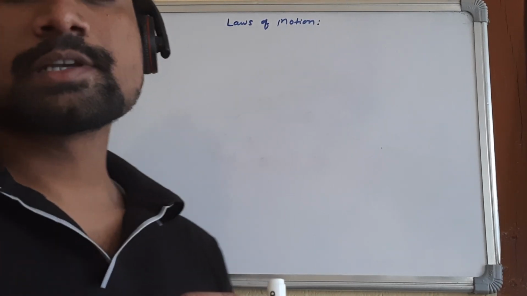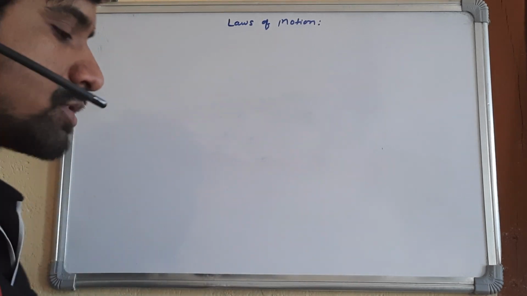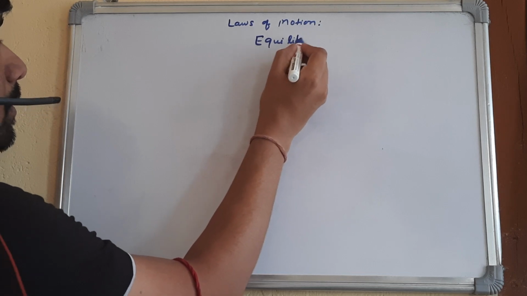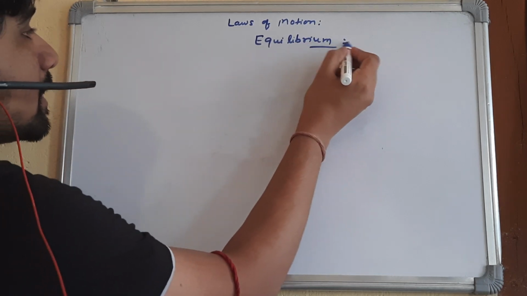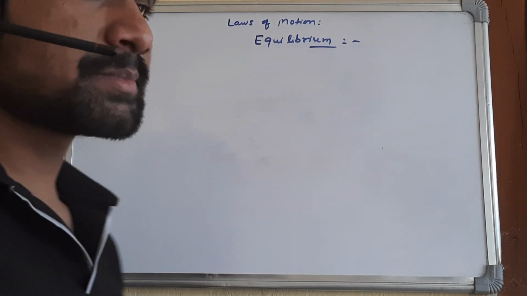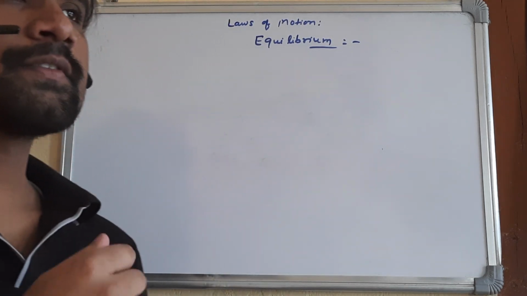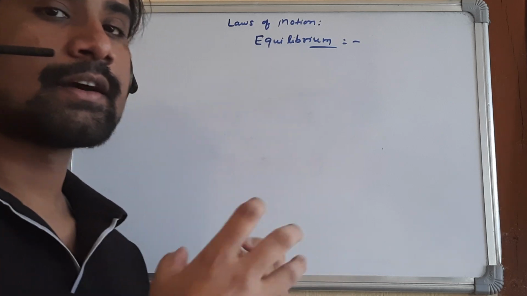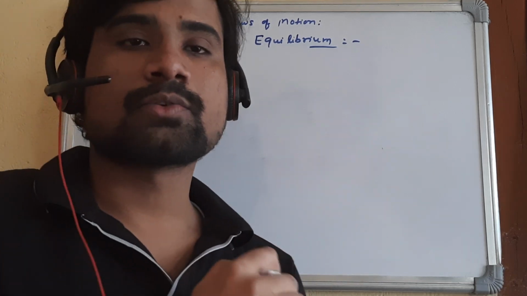Next topic is the concept of equilibrium. Equilibrium, as the name suggests, like you would have studied this terminology in your chemistry also. What is equilibrium? Where the rate of a reaction forward and backward becomes equal.